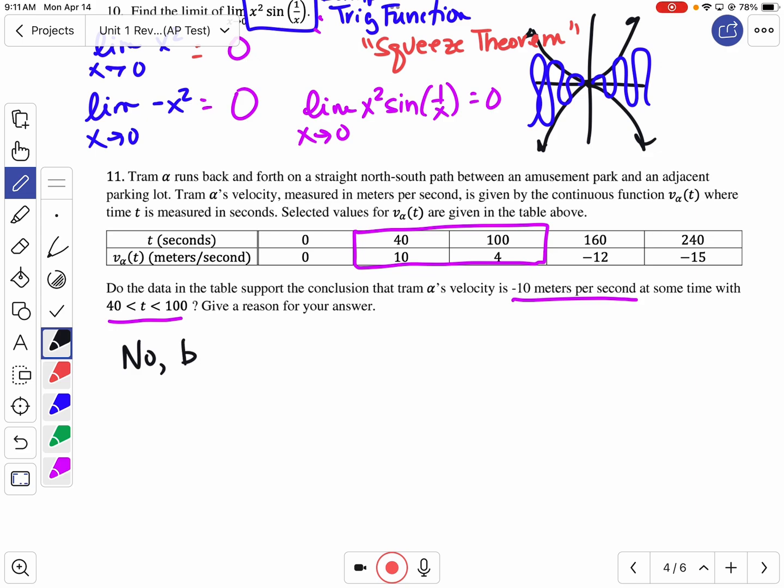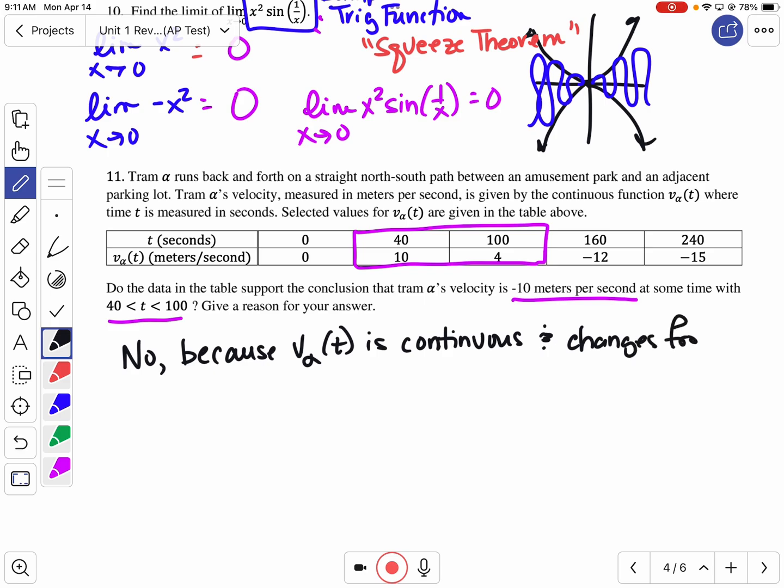So we would say because v sub A of t is continuous and changes from 10 meters per second to 4 meters per second on the interval 40 to 100.